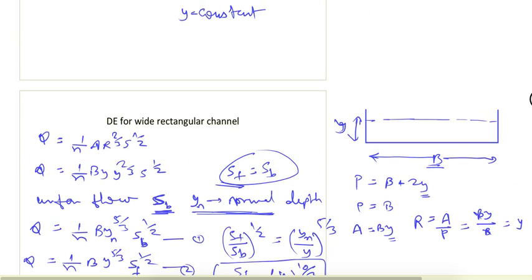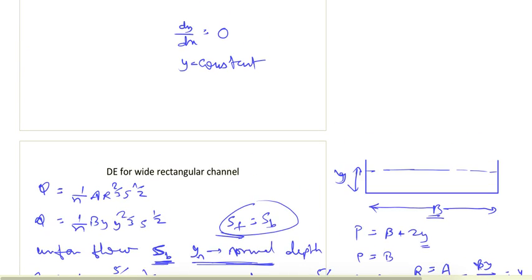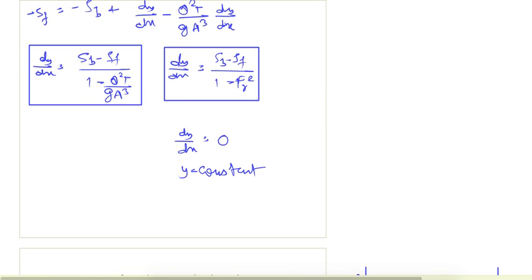And again, if I take this equation, from here dy by dx I can write as Sb times (1 minus SF by SB) divided by (1 minus Q square T by g A cube).